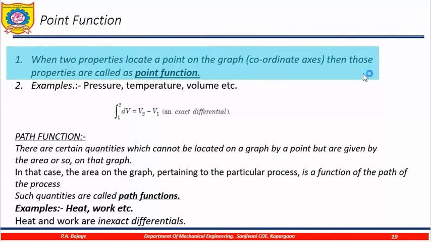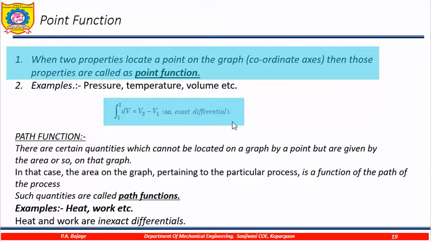Just now I told you at state 1, you have P1, V1, T1 and at the end of process 1-2, you have the final state 2 with P2, V2 and T2. P2 means pressure at point 2, V2 is volume at point 2 and T2 is the temperature at point 2. That can be given as an exact differential.